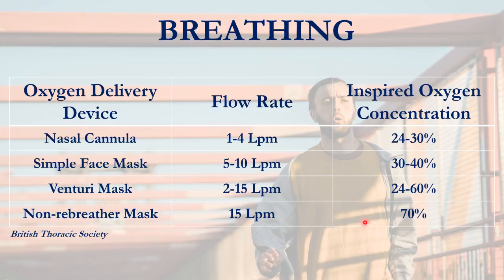And this is the oxygen concentration they provide. So, 1 to 4, 5 to 10, 2 to 15, 15. In other references and resources, you will see different flow rates, even different concentrations. But as per the British Thoracic Society, this is the flow rate.